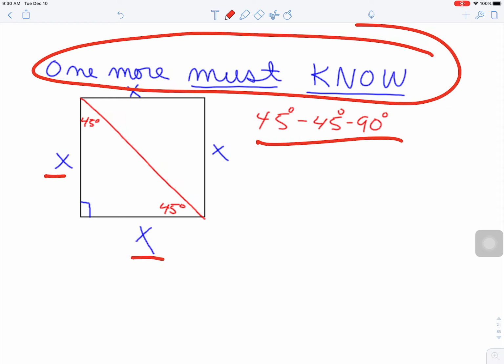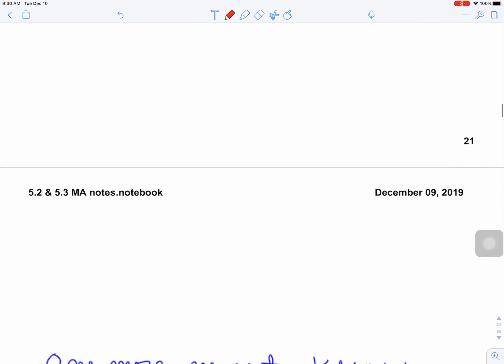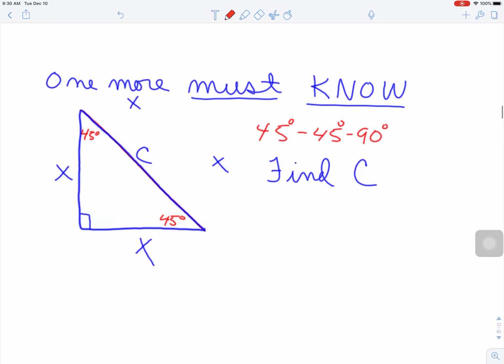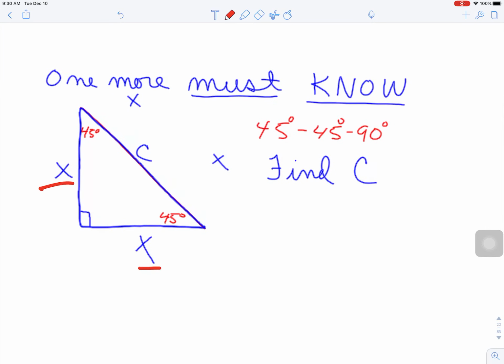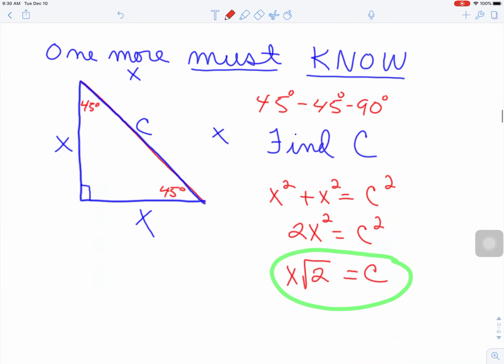So in a 45, 45, 90 triangle, the legs are always the same length. And so they're always x, if you want. Now I'm going to use these two sides to figure out what this missing side is over here, and I'm going to do another Pythagorean theorem. So as it turns out, c is whatever that length is times the square root of 2.